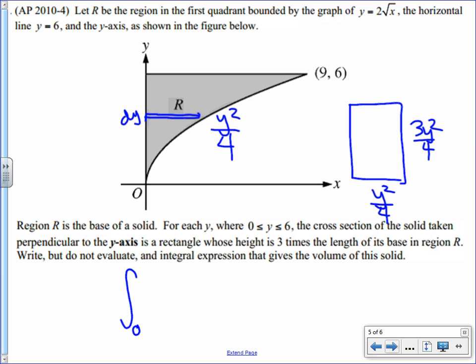Okay. Our area would be 3y squared over 4, and dy is the thickness. Area times thickness summed up from 0 to 6.